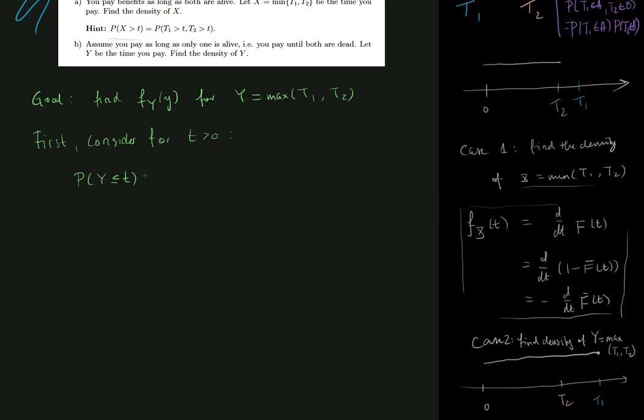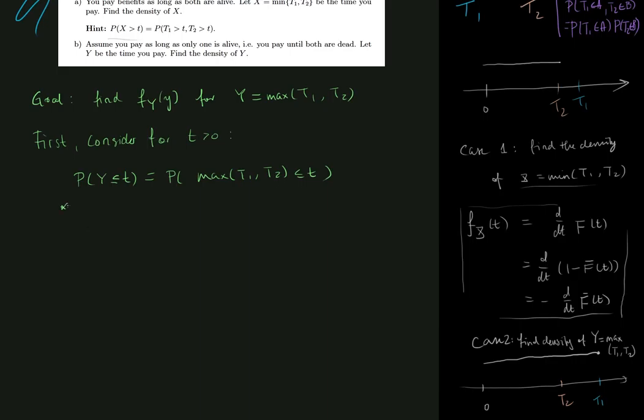Now this probability is equal to the probability that the maximum of T1 and T2 is smaller than t, just by definition, right? Okay, so when is the maximum of T1 and T2 smaller than some value t?